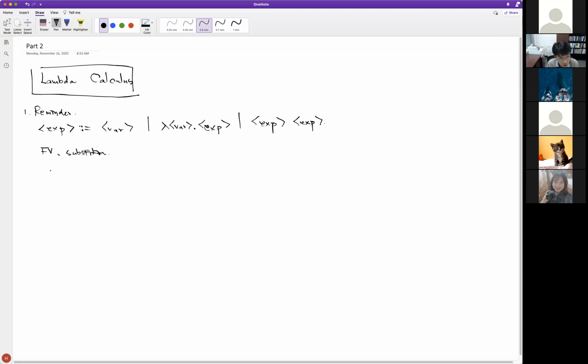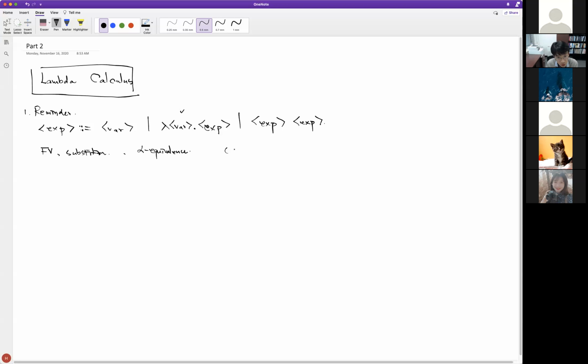And then we studied so-called alpha equivalence. The notion of alpha equivalence is nothing but an equivalence relation on expressions in this language, where we can obtain one term from the other by renaming Lambda bound variables.